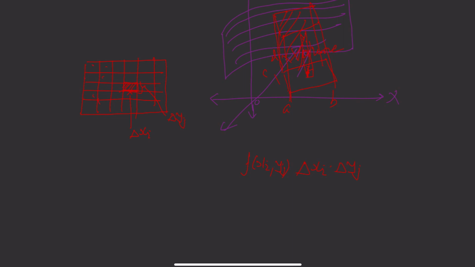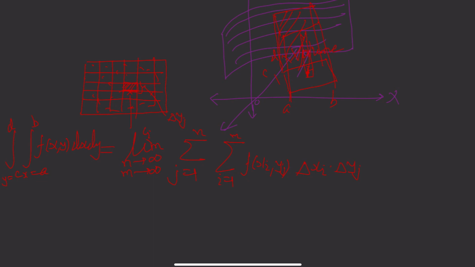Then we collect all these cuboids and take the sum over their volumes. So here summation over i, say from 1 to m, summation over j, say from 1 to n. Now when we make this length and width very small, that means we are taking the limit n to infinity and m to infinity, then this becomes the integral of f of xy dx dy, where x is from a to b and y is from c to d.